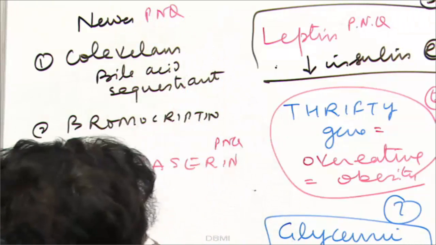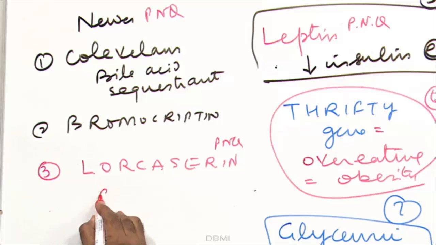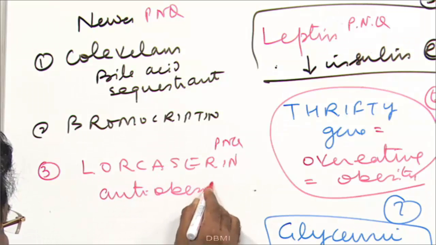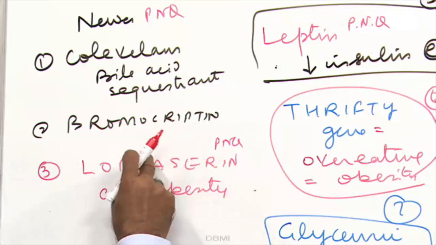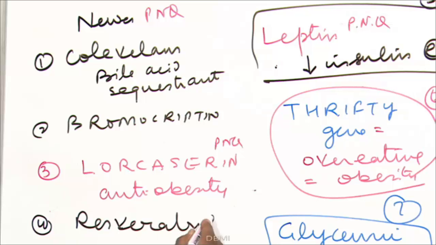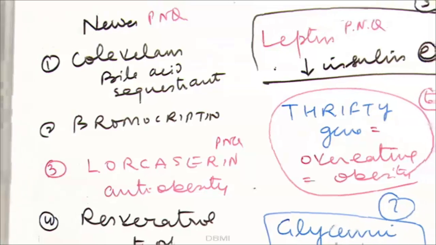This question has already come, and it's not given in any other book. It's an anti-obesity drug. Then we have one more new drug, resveratrol. This is also an anti-obesity drug.